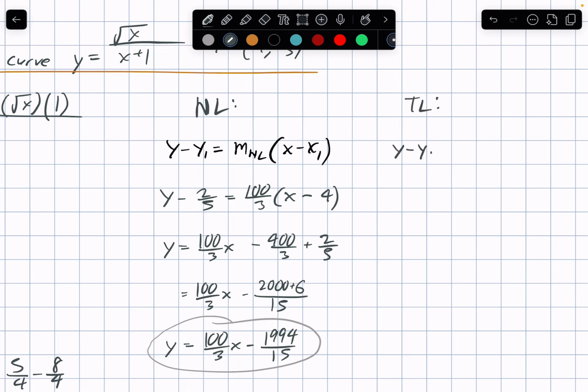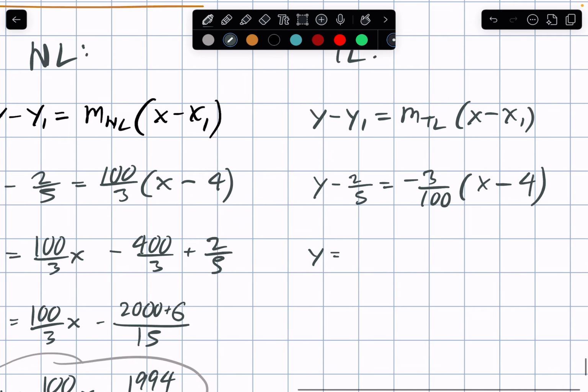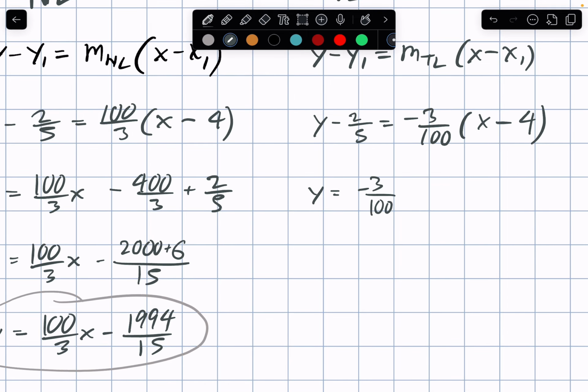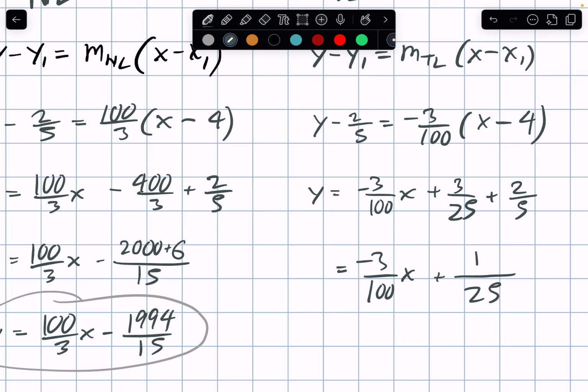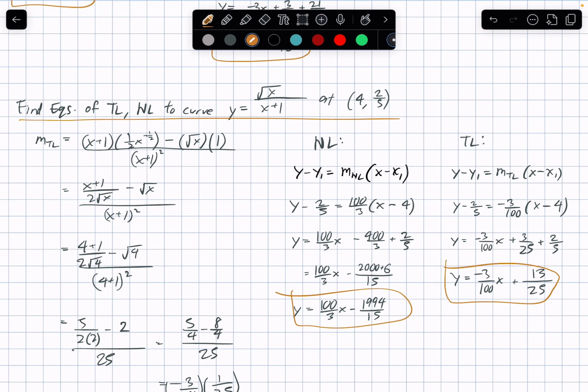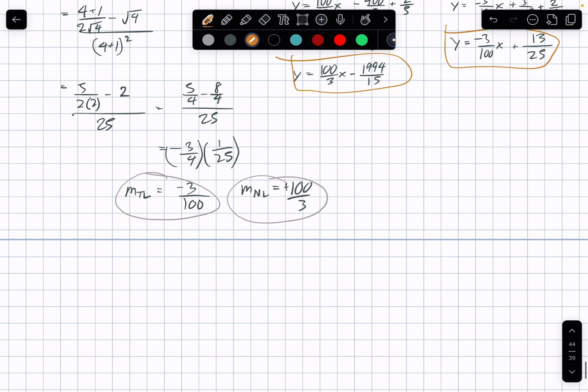How about for the tangent line? Okay, that's it. Next.